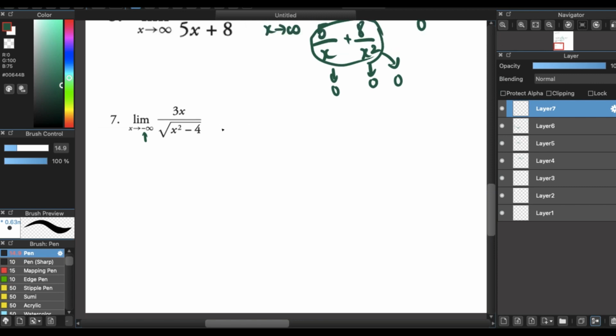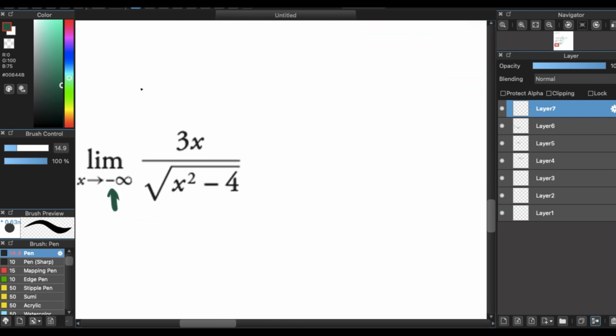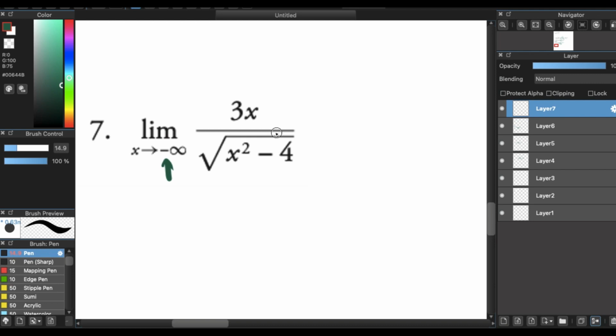Okay, so just like the above, we're going to divide it with respect to x, right? Because this one we have a square root and x squared inside of it.